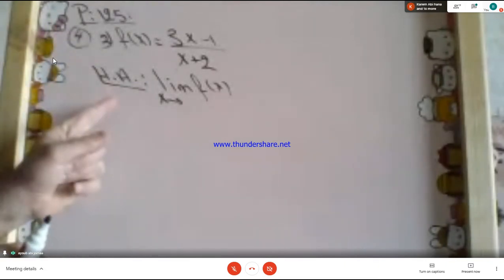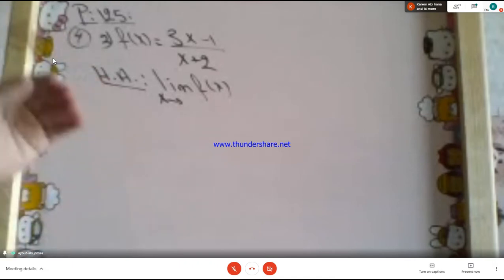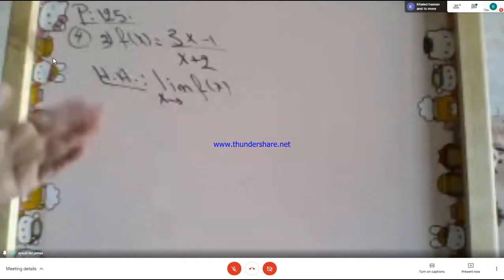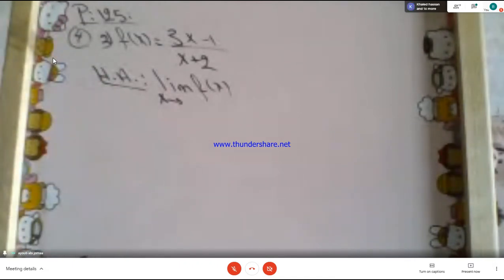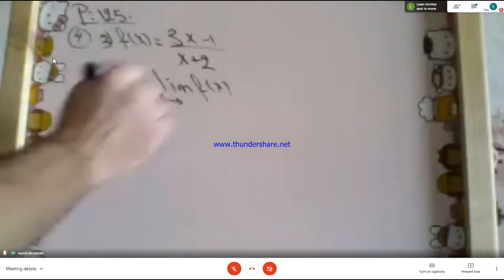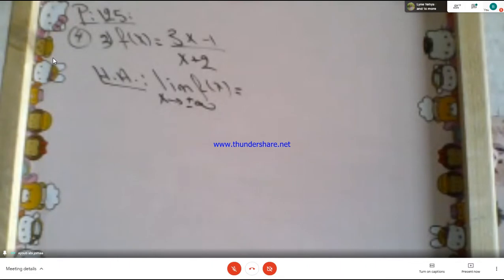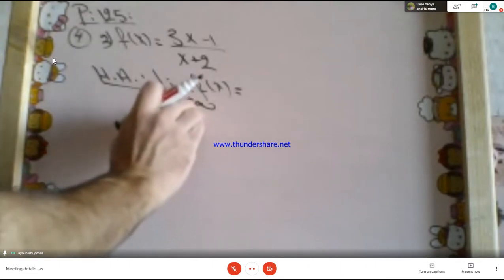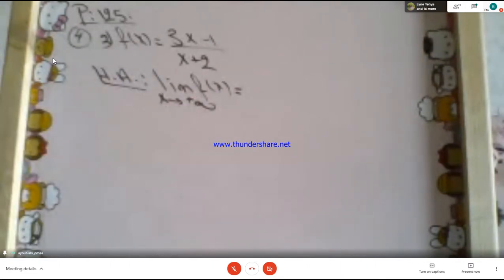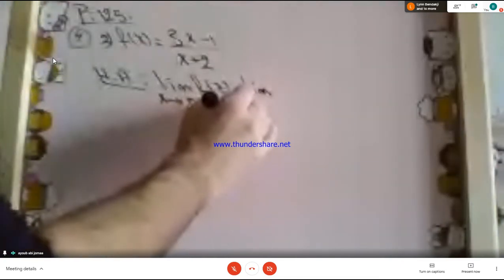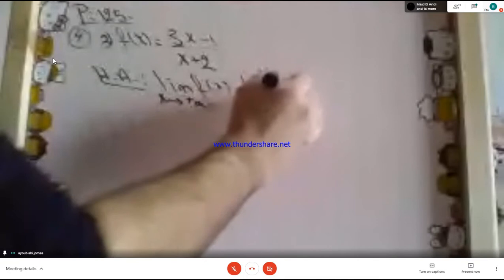For the horizontal asymptote, every time you find the limit as x approaches positive infinity or negative infinity. What will be the limit as x approaches positive infinity? We take 3x over x.